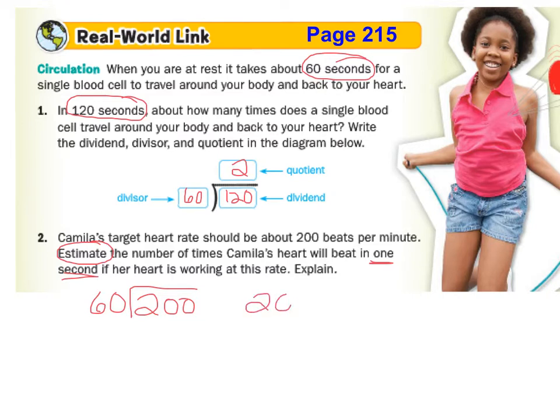So I'm going to rewrite it as a number sentence this way, and using my estimation I'm going to play with my numbers and change them so it's easier to do. 200 is close to 180, and I know I can divide that evenly by 60 3 times. So I would say her heart will beat 3 times in 1 second.